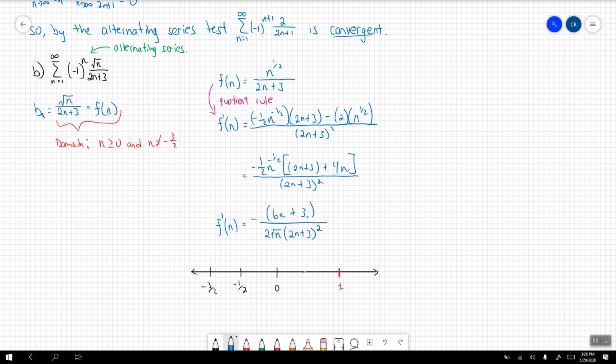So positive, positive, and then this is going to be positive, but then it's going to be multiplied by negative. Therefore, that's always going to be decreasing. So b sub n is decreasing by the first derivative test.